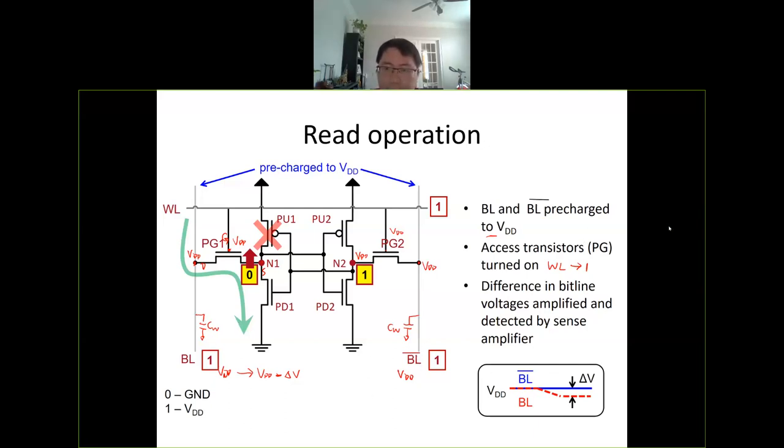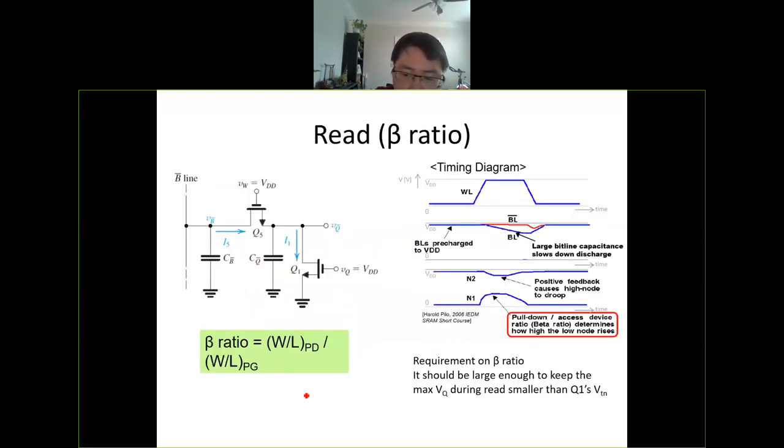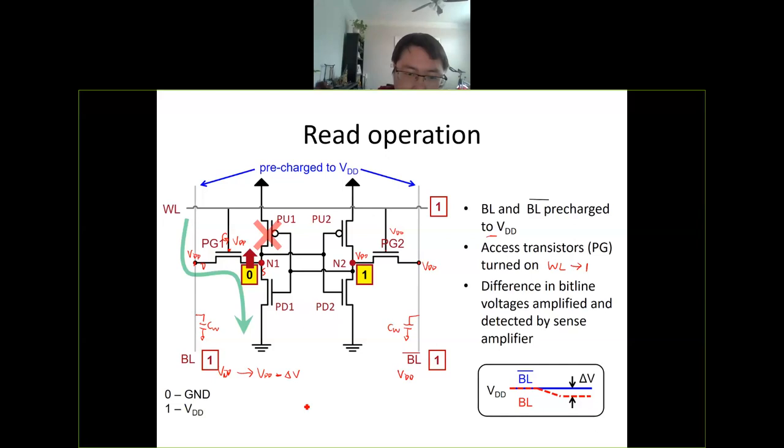Okay, so you see the difference in the voltage. And what you will do here is outside the memory array, we have this so-called sense amplifier. It's an amplifier to detect the voltage difference between those two. So this bitline and bitline bar will be sent into an amplifier. So here, a differential amplifier. You may have seen the op amp in your 2040. So it's an amplifier. You can detect the difference, right?